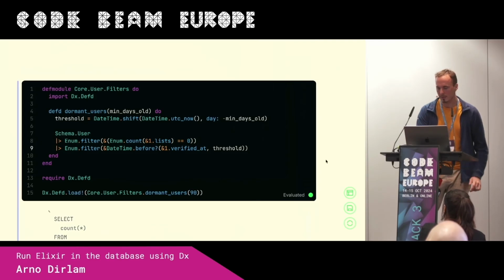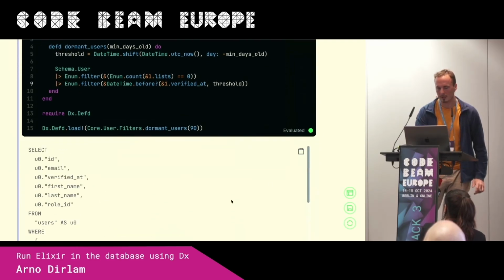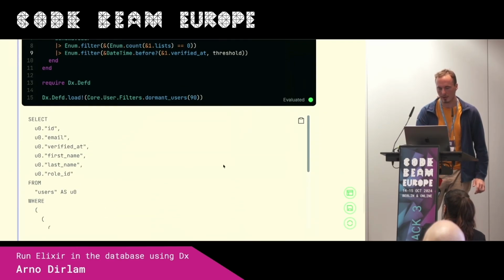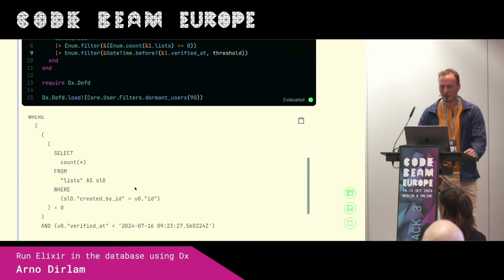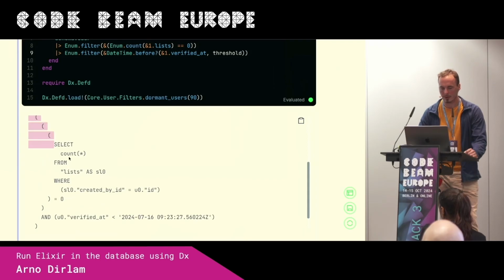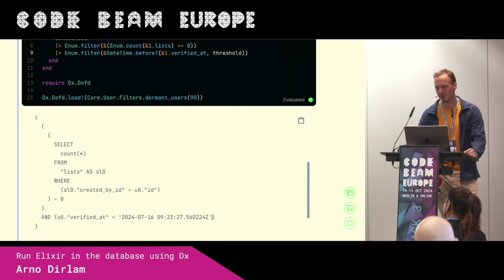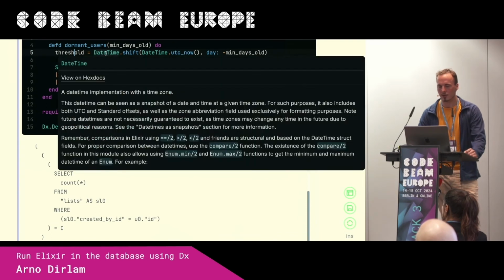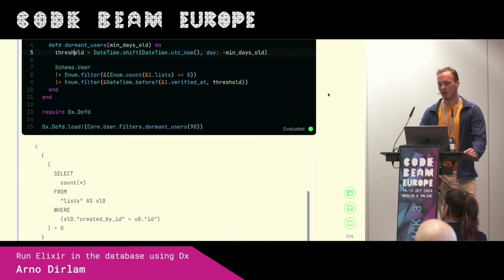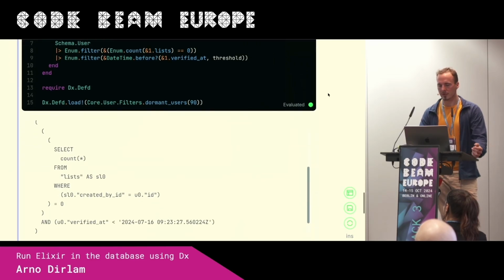So here, when we run this, we get one query that says from users where the count of the lists created by them equals 0, and the verified at is smaller than this timestamp that we actually generated here with datetime.shift.